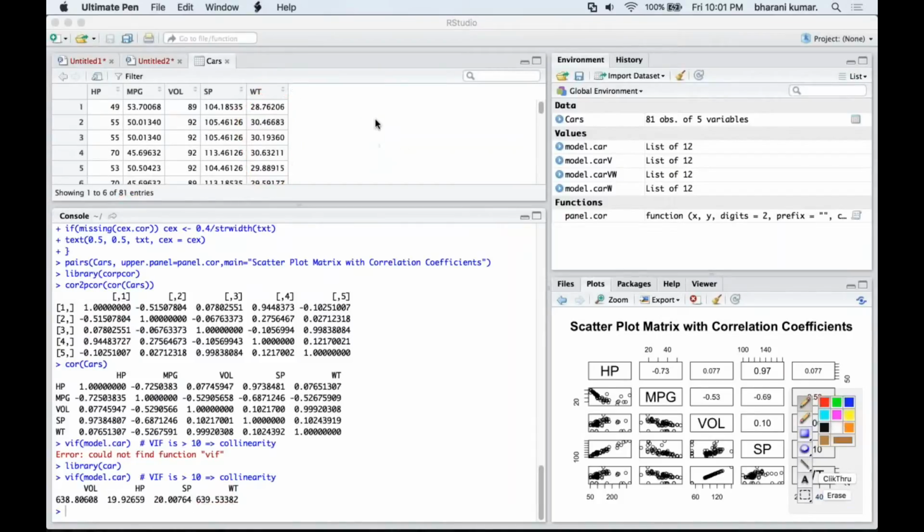Instead, if I can somehow find out whether any specific row can be deleted, and because of which I can get rid of this problem, that is another thing that you need to look at. Because if you delete a single row, how many values are you getting rid of? 1, 2, 3, 4, 5. However, if you delete the entire column weight, how many entries are you getting rid of? 81. Deleting each data point has to be done with caution, because collecting the data is such a difficult and costly affair.